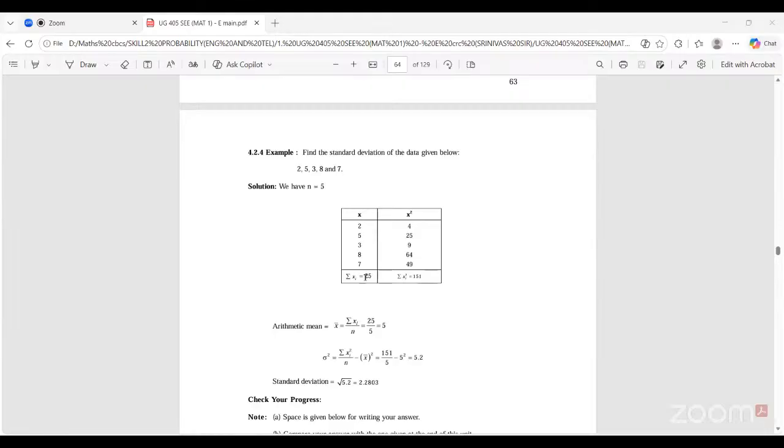So find the standard deviation of the data given below: 2, 3, 8, 7 here. So 2 squared is 4, 3 squared is 9, 8 squared is 64, and so on. The sum of the squares is 151.